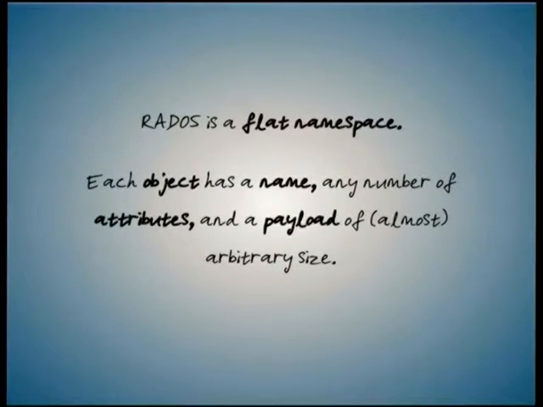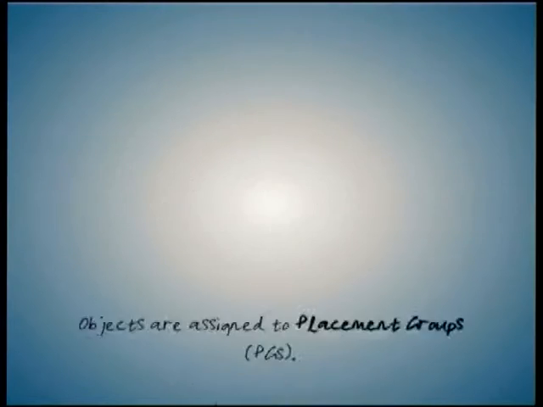We have a payload or contents, which is pretty much arbitrary in size. And we can also stick onto a RADOS object any number of key value pair attributes. So we can assign an object attributes at will. We can obviously retrieve them as well, and those are relatively independent of the actual payload.